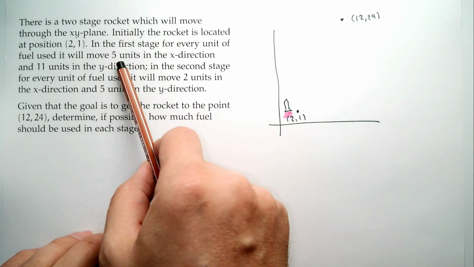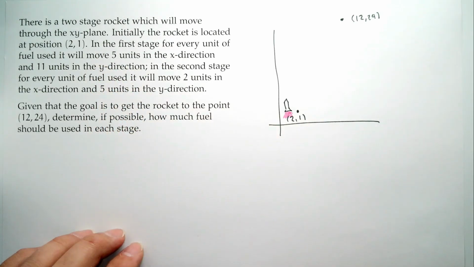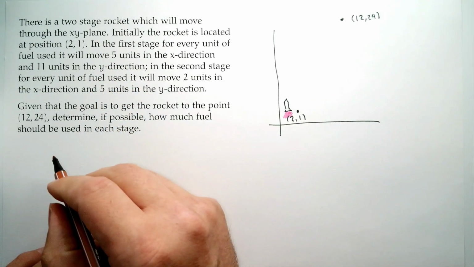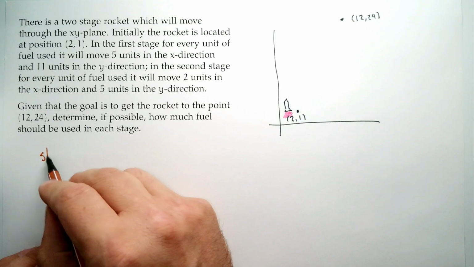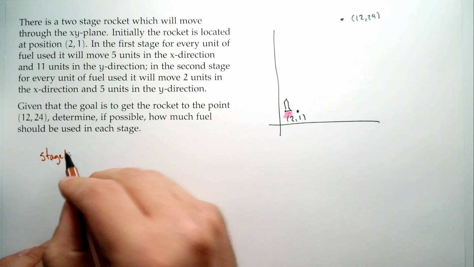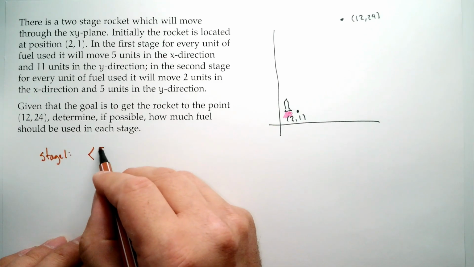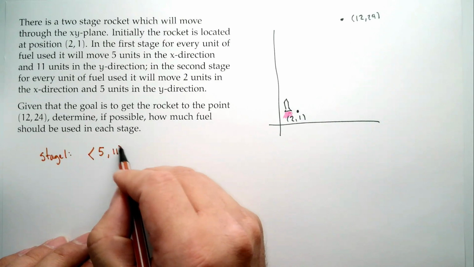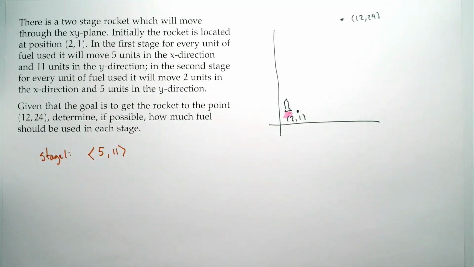Well, we move 5 units in the x direction, 11 units in the y direction. We can represent that as a vector. So in stage 1, what we get is that there's a vector, and we would denote it (5, 11). And so what this vector says is for every unit of fuel, this is the change you're going to experience. 5 in the first entry, 11 in the second entry.